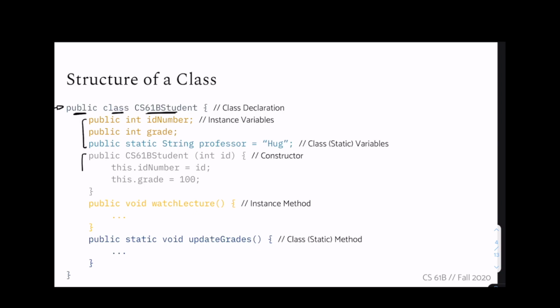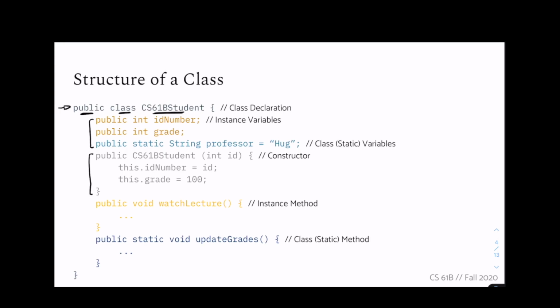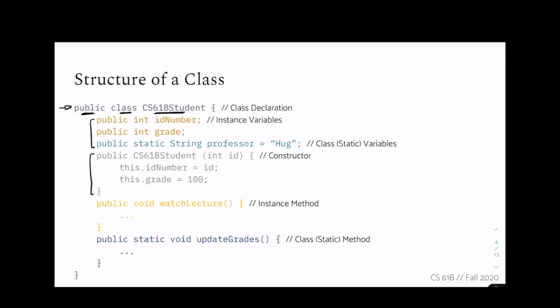The next block of code we see here is our constructor. This is how we make new instances of our class. You can think of CS61B student, the class, as a sort of mold of what a CS61B student is. For instance, all CS61B students have to have ID numbers.